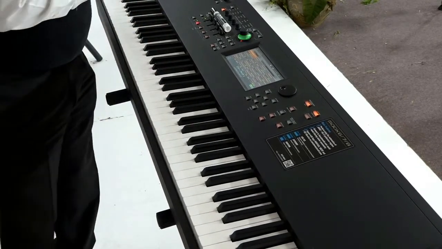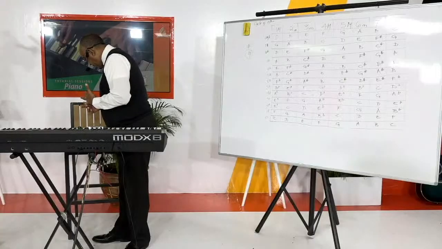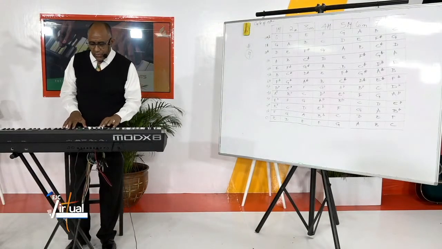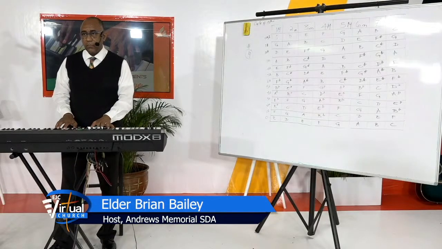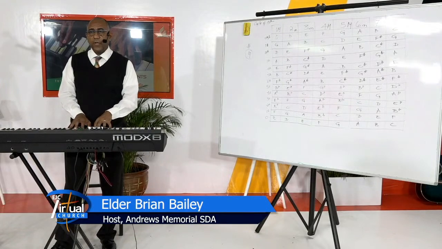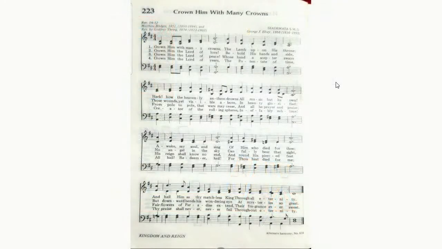So let's see if we can get to another one. Let's go into Crown Him with Many Crowns. Now, Crown Him with Many Crowns is in the key of D. So if we can put Crown Him with Many Crowns up, beautiful.